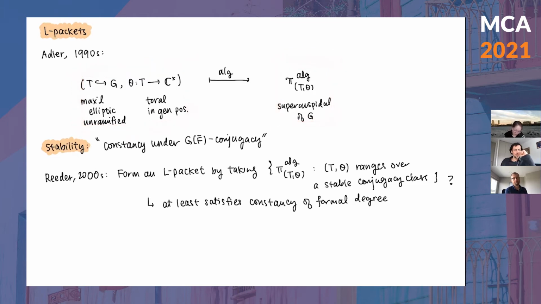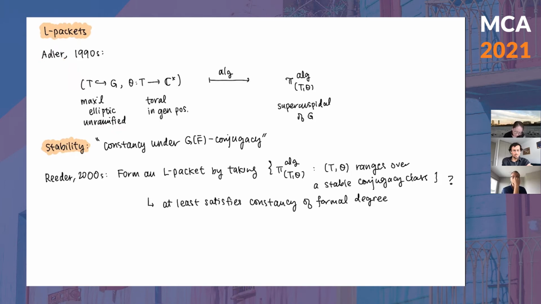And this was a conjecture of Reeder in the 2000s. And what he said was, okay, well, given Adler's construction, I'm going to form an L packet by taking all the supercuspidals that are associated to a stable conjugacy class of these t comma thetas. So in other words, this conjecture says that stability should be preserved under Adler's recipe.